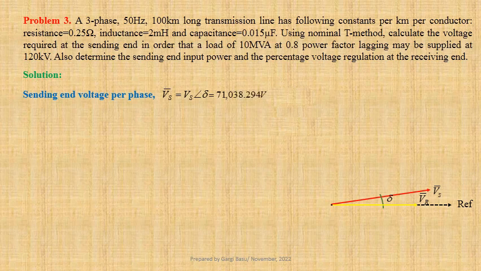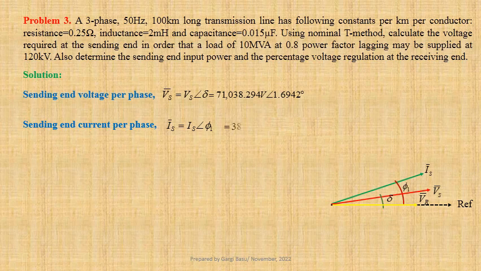71,038.294 volt at an angle 1.6942 degree, and sending end current per phase Is equals Is at an angle phi 1 equals 38.3458 ampere at an angle 6.6143 degree.